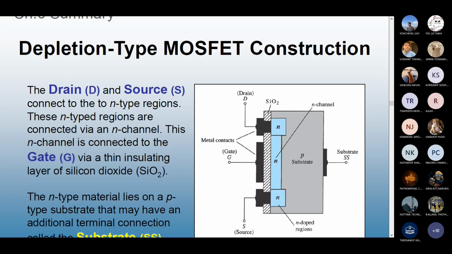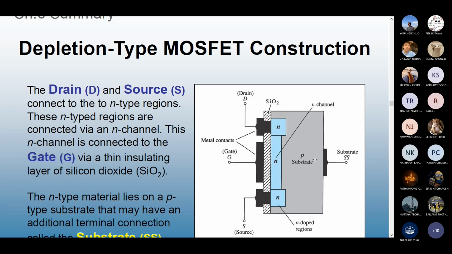See the construction, it is quite different from a regular JFET. On a regular JFET, you have either N channel or P channel, and then you have other type of material. Here, you still have the drain, gate, and source terminals. The dark black parts are the ohmic contacts or metal contacts, which behave linearly in terms of voltage current relationship.